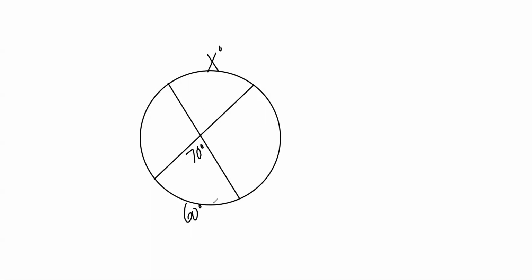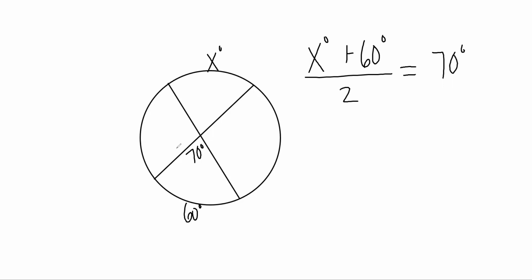So I'm going to have to add up my arcs and divide by 2, but I know my angles and I'm trying to find an arc, right? So now if I know my angle, and I'm trying to find the arc, well, I can still say that arc 1 plus arc 2 divided by 2 equals the angle measurement now, right?